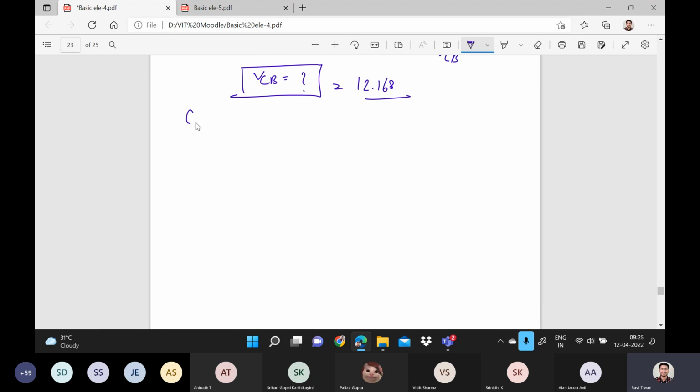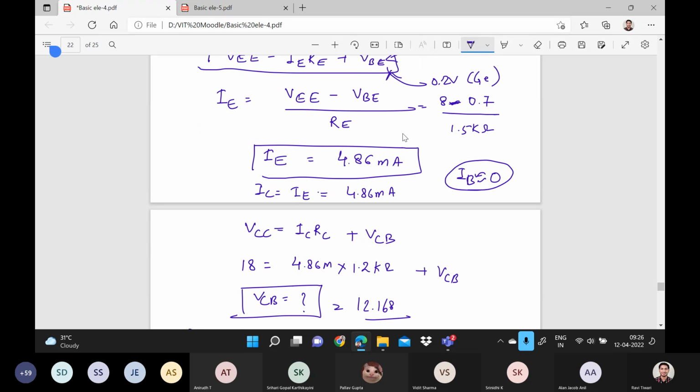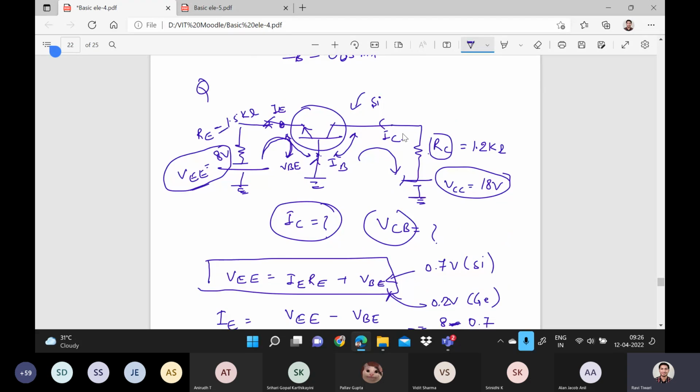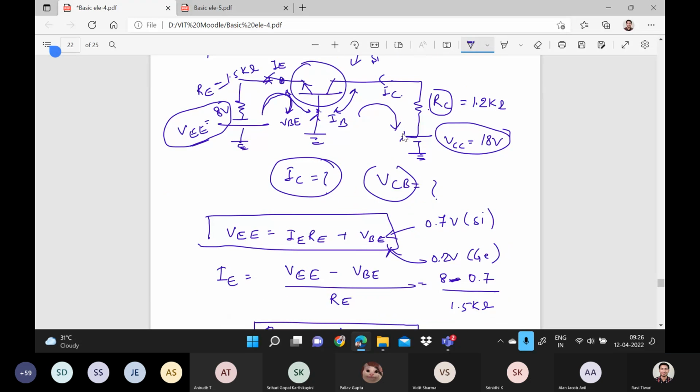Now you write the next question. They said that it's a common emitter configuration in which the collector supply... So VCE will be VCB minus VEB, right? VCC is equal to, what is that? VCE.